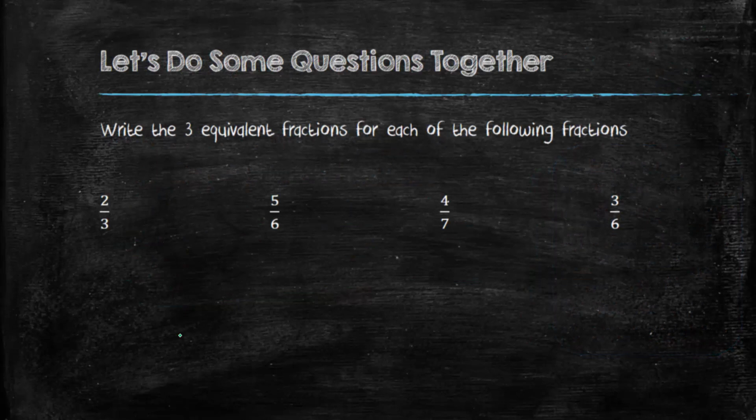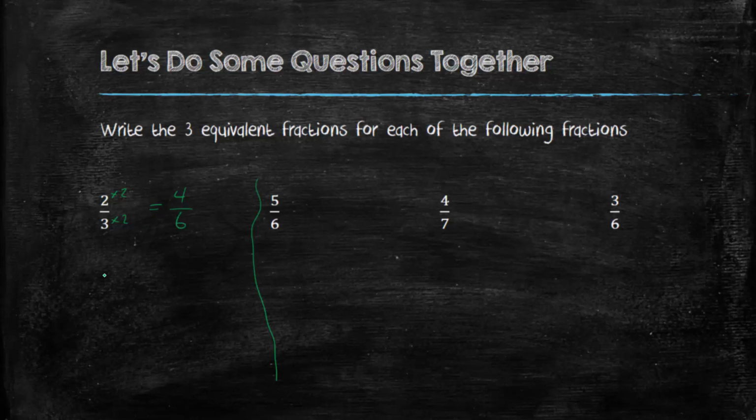Okay, let's do some questions together, see if we could really solidify our understanding here. So this question says, write 3 equivalent fractions for each of the following fractions. Okay, so let's start off with 2 over 3. Let's multiply both numerator and denominator by 2. What do we get? We get 4 over 6.